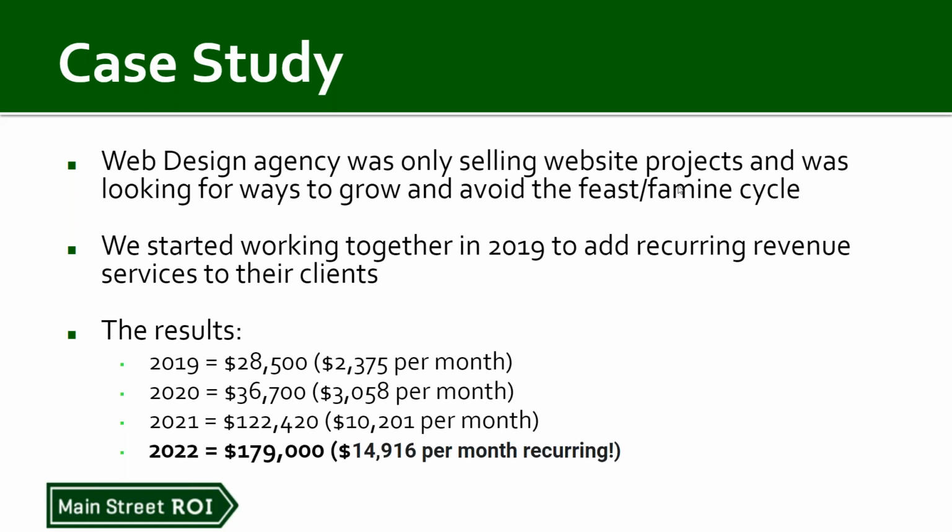And then just last year was about $179,000 in added revenue, which you can see translates to just under $15,000 per month recurring. So that's a much better place for that web design agency to be in, rather than again starting at zero on the first of the month. He now knows, I've got $15,000 coming in from recurring subscriptions.